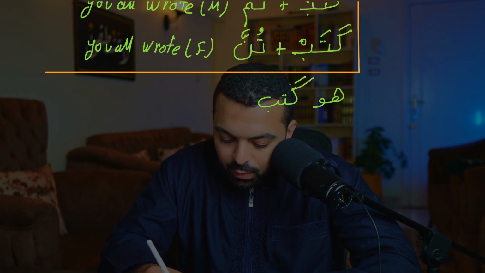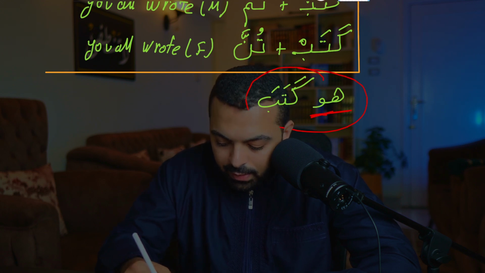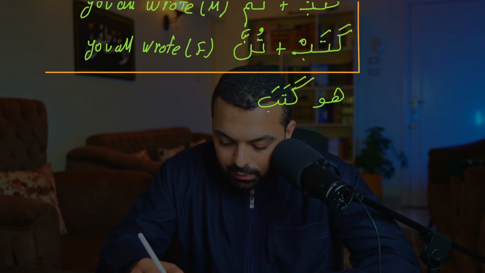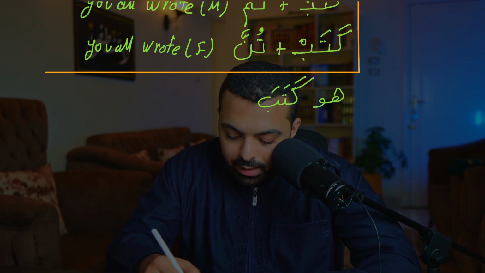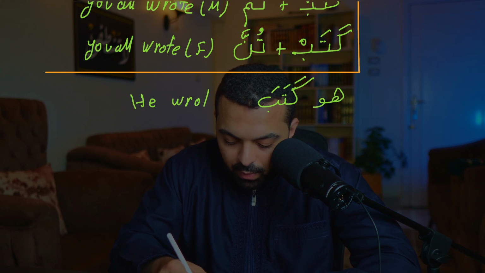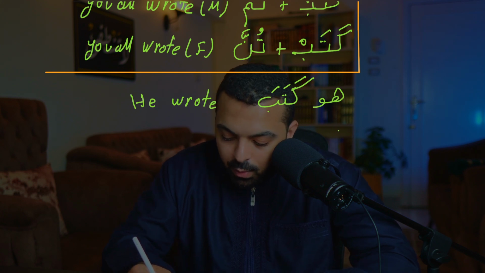And this is the default word, the one that is talked about, هو, he is. هو كتب. So the one that you don't add anything to is he. He wrote. You did not add anything to this word. What about here?